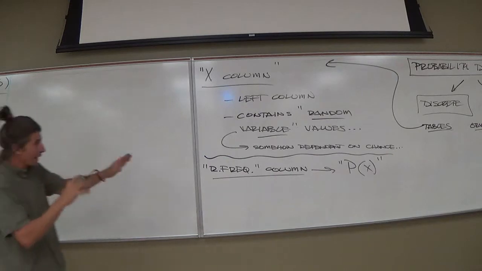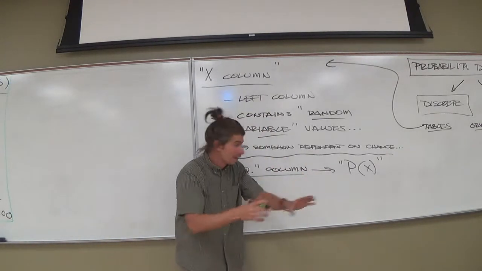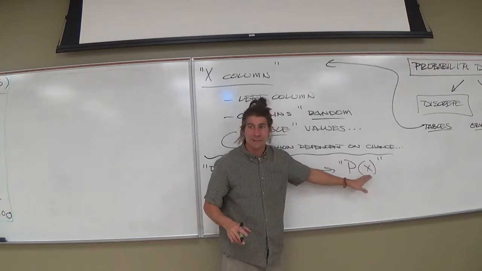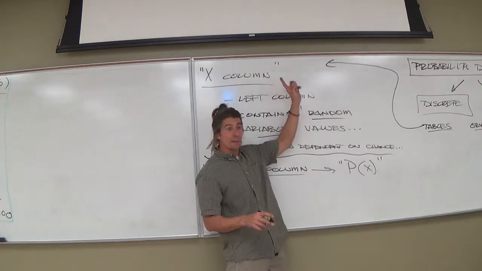And I like the shorthand, the P that you guys learned in your first project, of probability of. And then X, although this looks like Math 111, it's not. All that X is, is whatever the value is in the previous column.